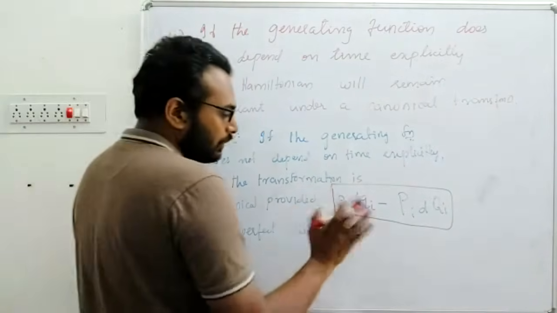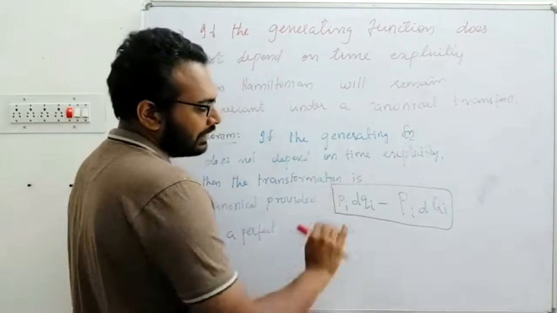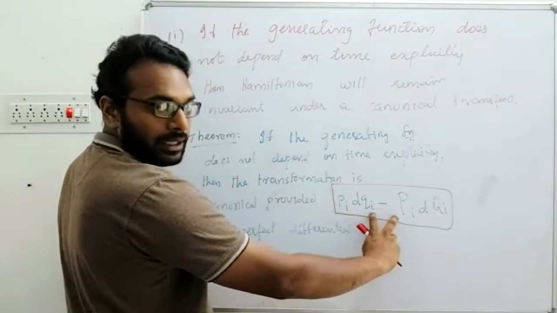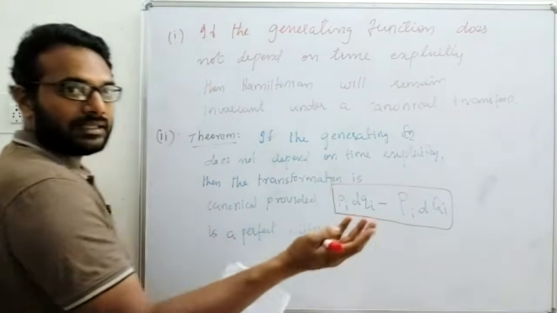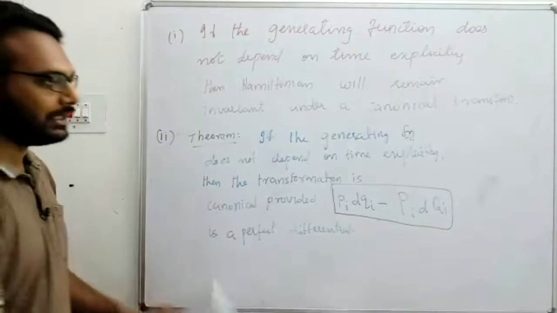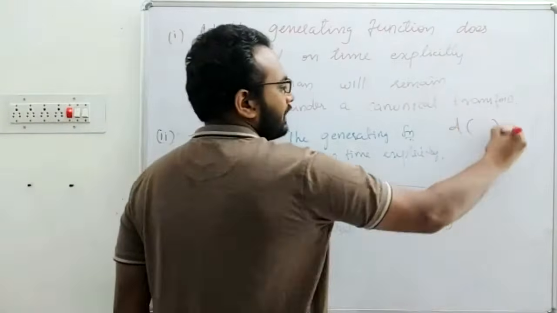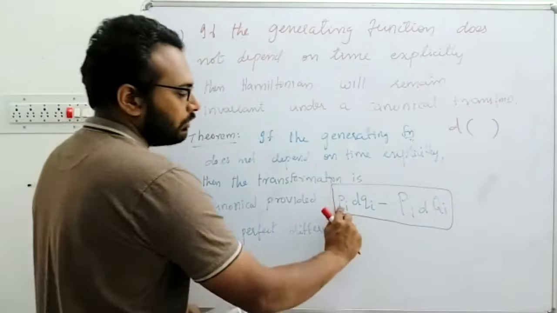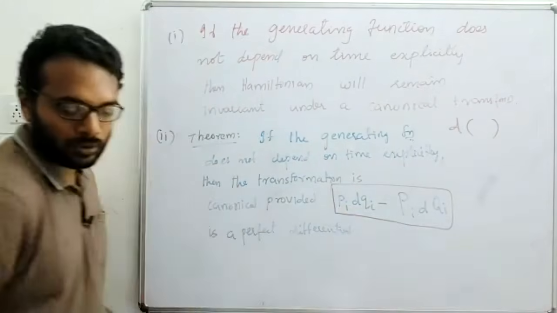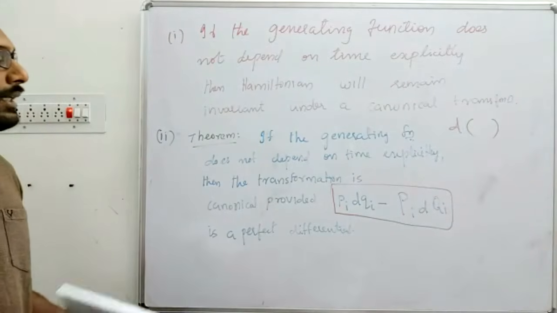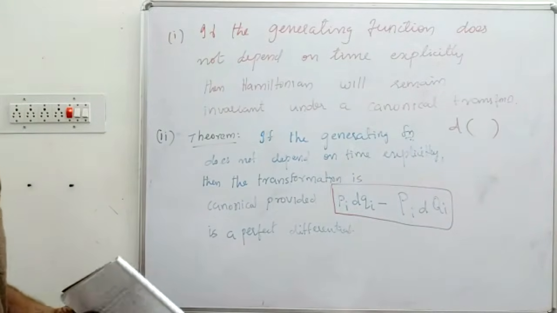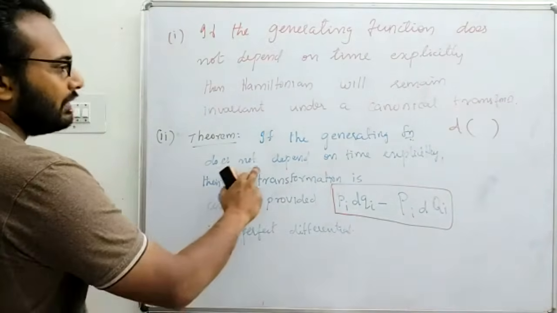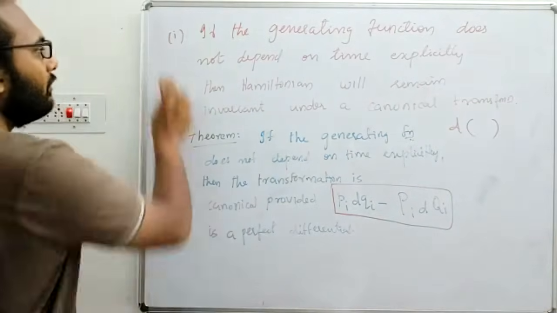So if you need to check whether a given transformation is canonical, you just take this combination, and if it is a perfect differential, if you can write it in the form of d of something, then you can say that this transformation from small p small q to capital P capital Q is a canonical transformation. Now we prove this. So this is satisfied if the generating function does not depend on time explicitly.